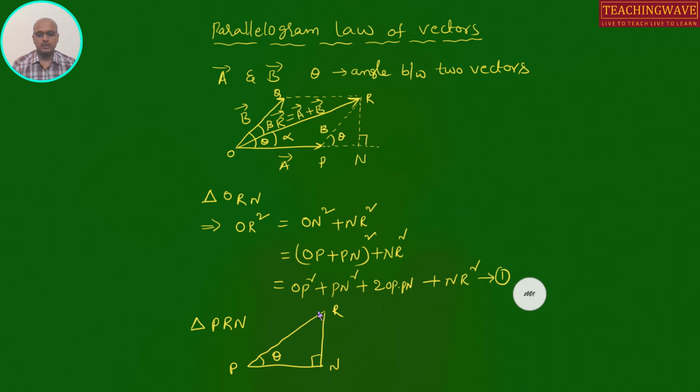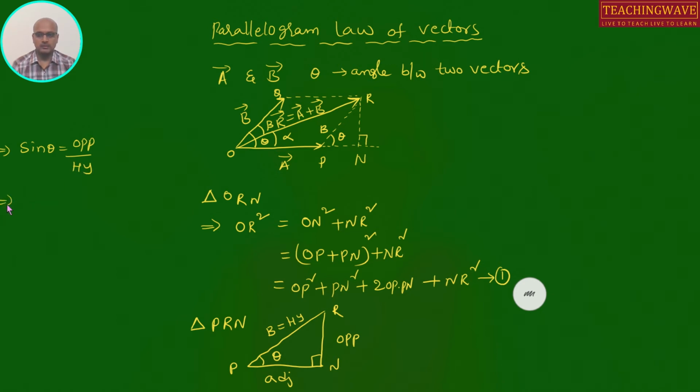So PR is the hypotenuse, its value is B, and the other side of the angle is PN. PN is called the adjacent side, and RN is called the opposite side. If you apply properties of trigonometric ratios, sin theta is equivalent to opposite side by hypotenuse.